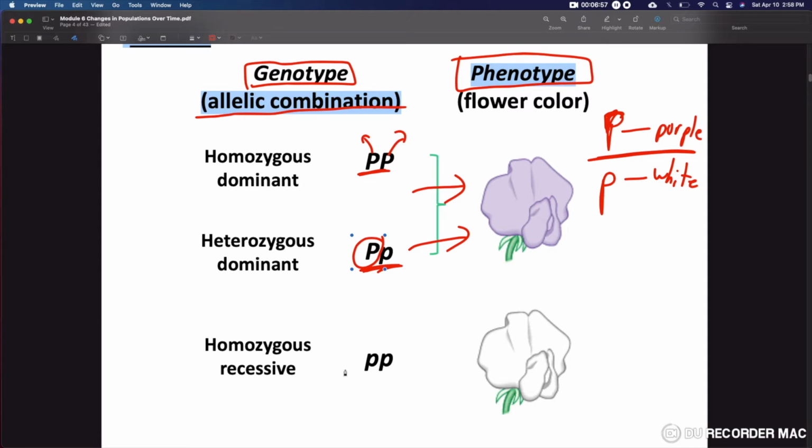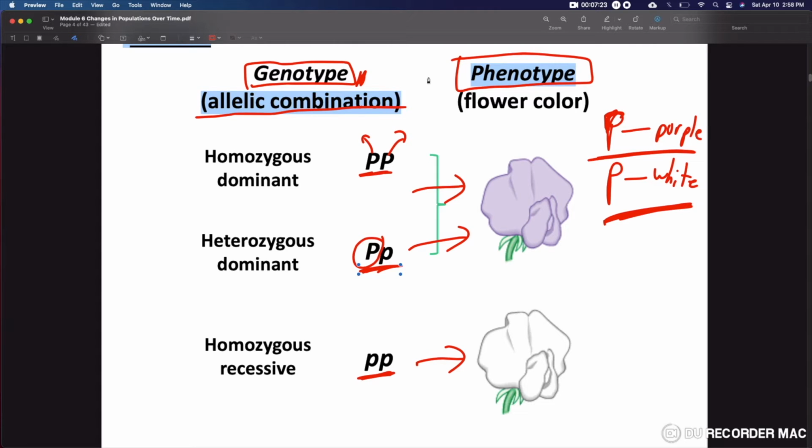And for your homozygous recessive individual naman, you must have both alleles as the small p for white flower for it to be expressed. So the difference is that your genotype is the combination of alleles that is inside your organism.